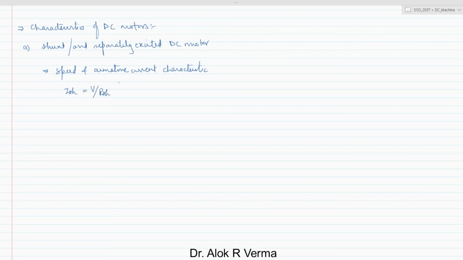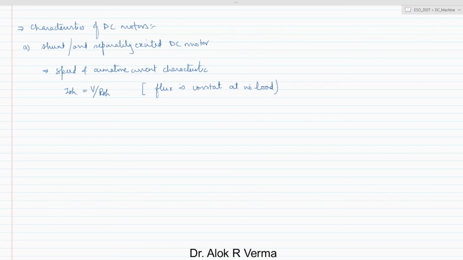V is constant, so ISH also will be constant. The voltage applied will be constant DC, which is fixed. Similarly, ISH also will get fixed. It means the flux is constant at no load condition. So we assume here that flux is constant at no load.